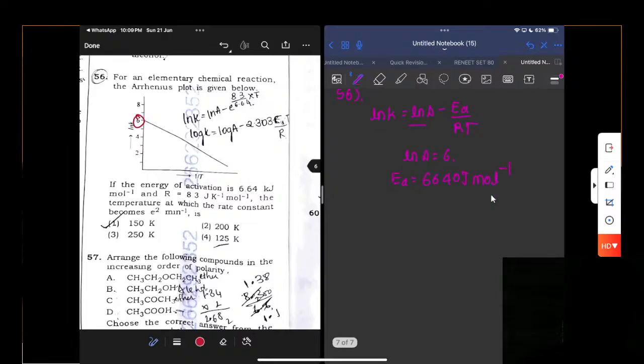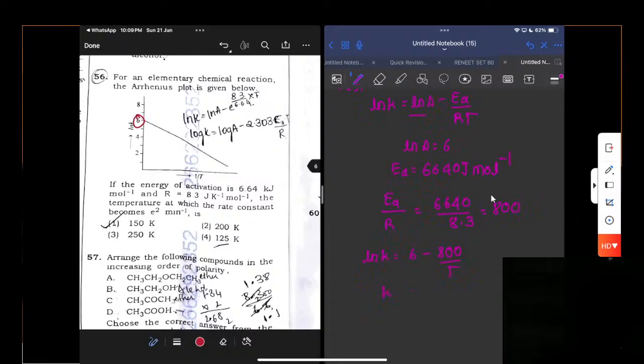Now what is EA by R? EA is 6640 divided by the R value 8.3. If you do this, you will get the value 800. Now calculate ln K. ln K is equal to 6 minus 800 divided by T. And what is given in the question?